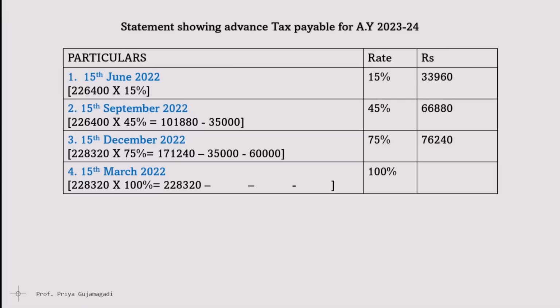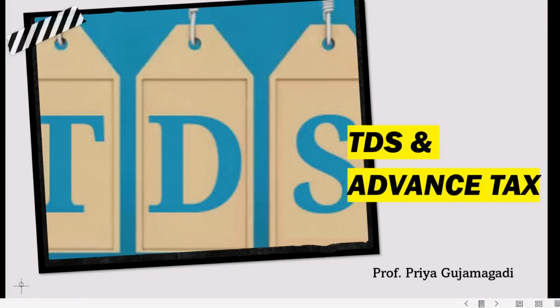In that, the first installment we have paid 35,000, second installment 60,000, third installment 70,000. The remaining amount is 63,620.